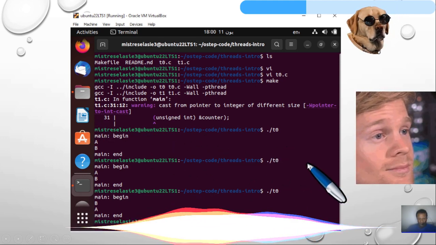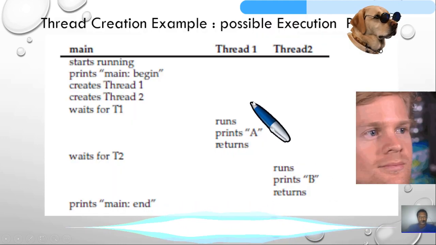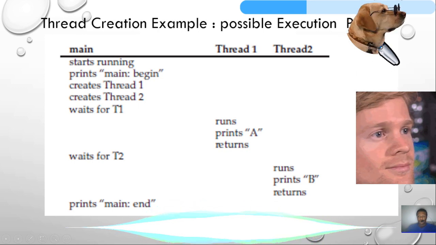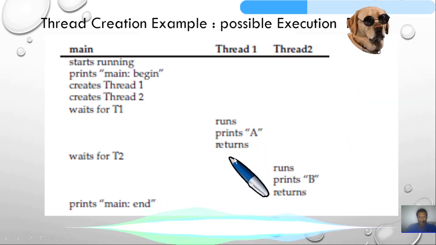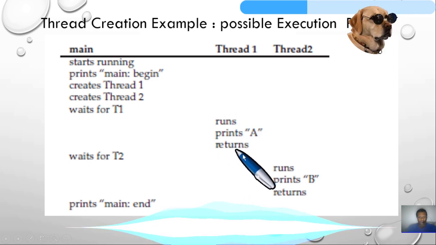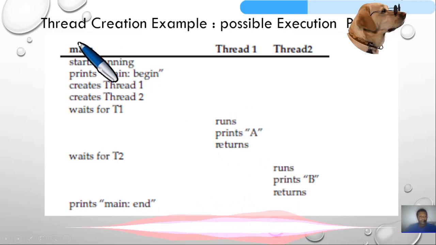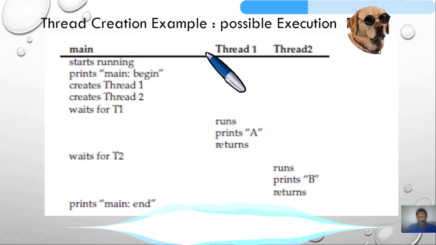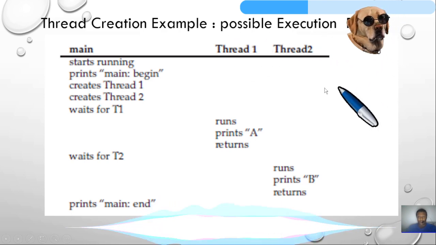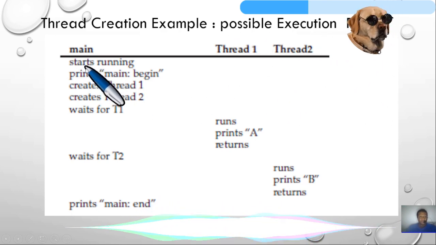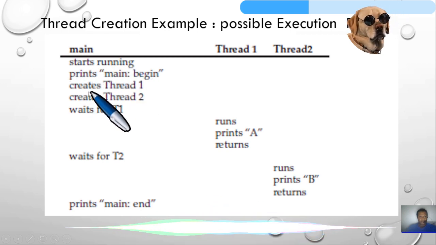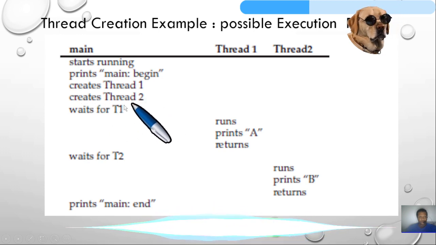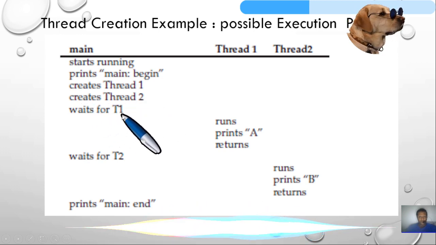As per the recommendation of this book, the possible execution of path 1, for example, as we have seen, the first one is BA, then the last one was AB. As per this thread creation example, possible execution for path 1: the main function starts running, prints main begin, then creates thread 1 and creates thread 2, then waits for T1.